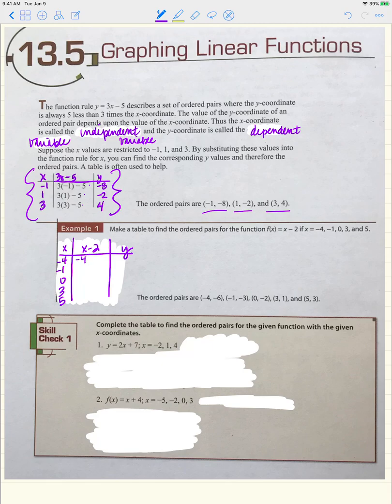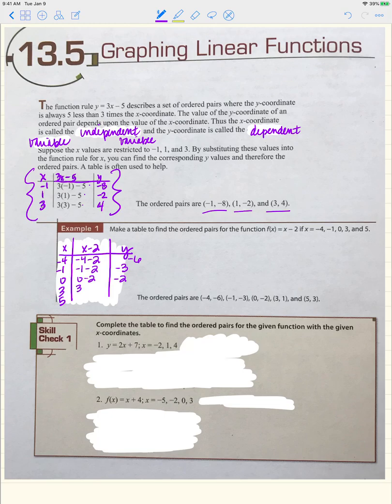So -4 minus 2. So when x is -4, y is -6. Then we substitute -1 in for x. -1 minus 2, y is -3. When x is 0, 0 minus 2 is -2.